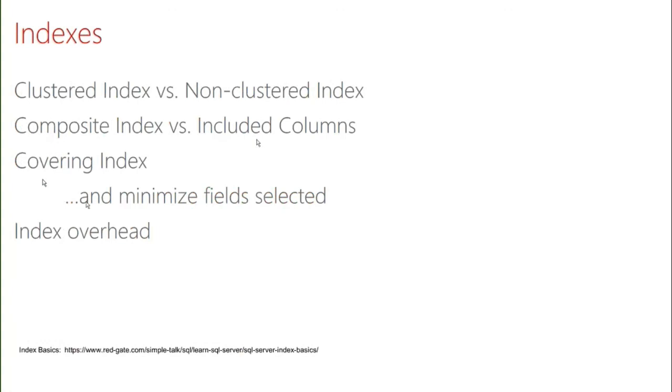A covering index is the holy grail that includes all of the columns of your query, both the where clause and your select statement, so you want to minimize the fields that are selected and utilize the covering index versus doing a SELECT star. And we briefly touched on index overhead. Adding indexes adds I/O and storage overhead, and adding indexes can affect your query execution plan and confuse the SQL Query Optimizer, so you want to be careful when adding those indexes.